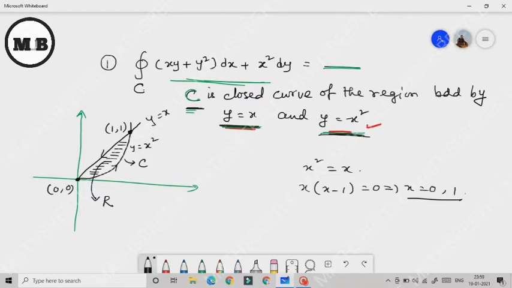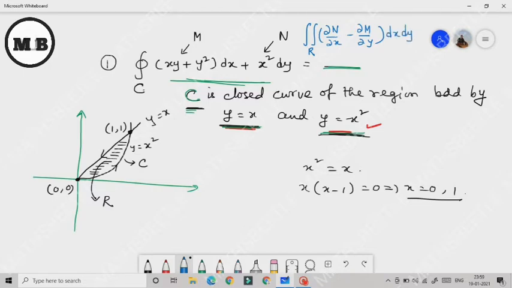Now all you need is this function M and this function N. They are smooth functions inside and on this closed region, so no issue with that. If you use Green's theorem, then over this R you have del N del x minus del M del y, dx dy.